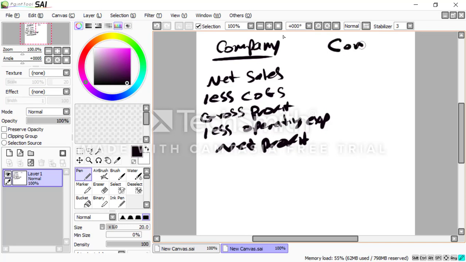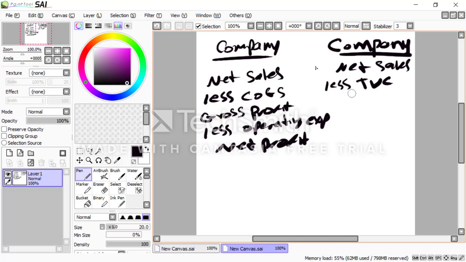Now there is also another case where we can get net sales less total variable costs, total contribution, less total fixed costs, and net profit.